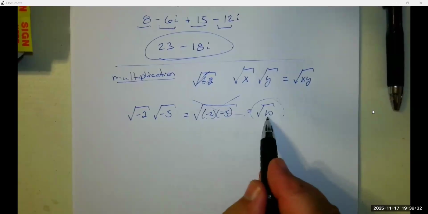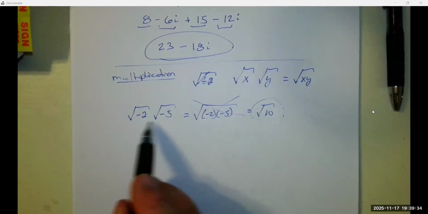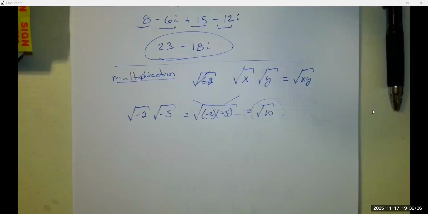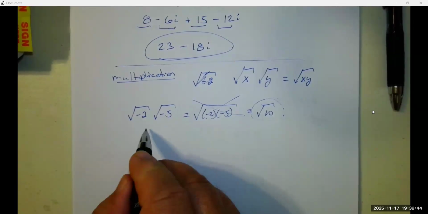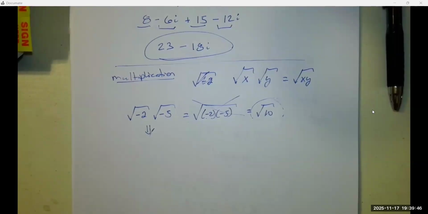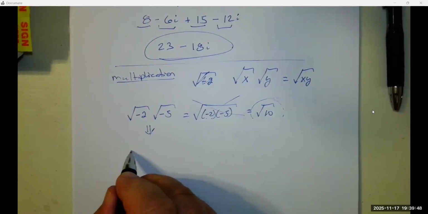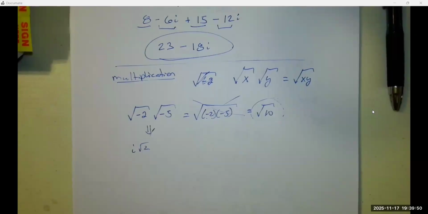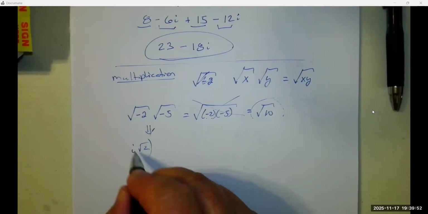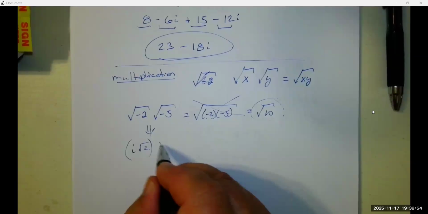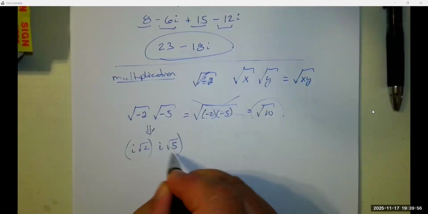Because nowhere in the answer does it give us any imaginary numbers. What you have to do first, before you do any of this multiplication, is get rid of the negatives inside there. So these numbers here become i square root of 2 times i square root of 5.